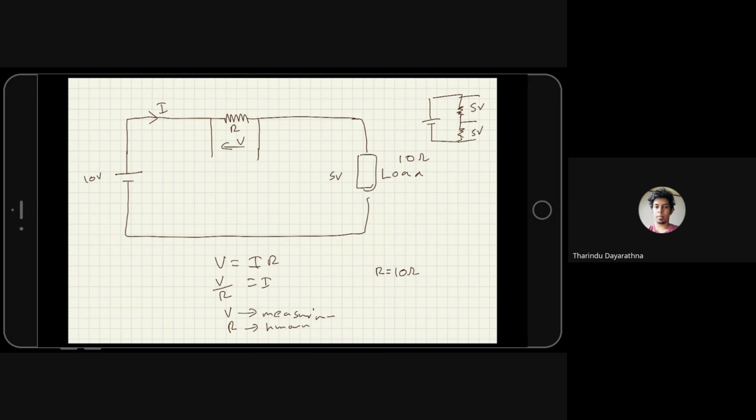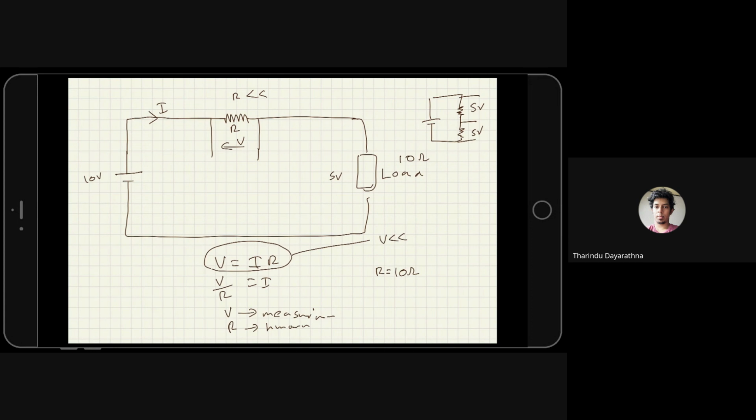So what we do is we can reduce the R value. We can go to a very small R value. Now the thing is, if you reduce the R value, according to this equation, your voltage will also go very low for a constant current.